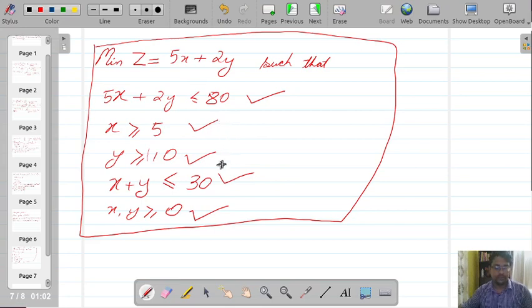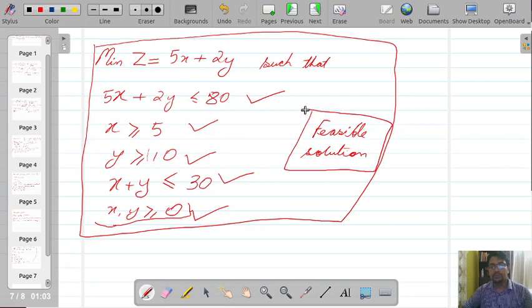And all the constraints means together with the non-negativity constraints. We also call this a feasible solution. So any values of x and y which satisfy all the constraints together with the non-negativity constraints of the linear programming problem is said to be a feasible solution.